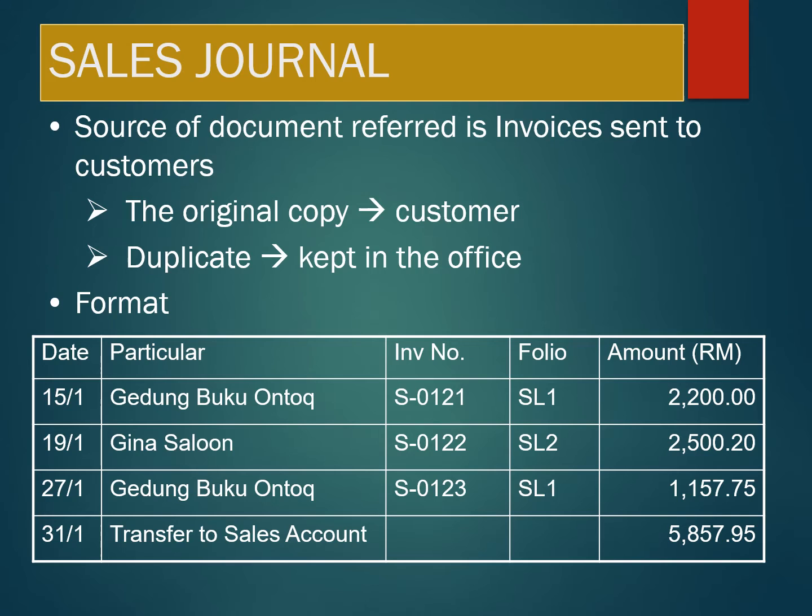Here is 121, then the second transaction is 122, and the third transaction becomes 123. And at the end of the month, you will transfer the sales to the sales account. The total of this sales journal will be transferred to the sales ledger with the amount of 5,857.95.